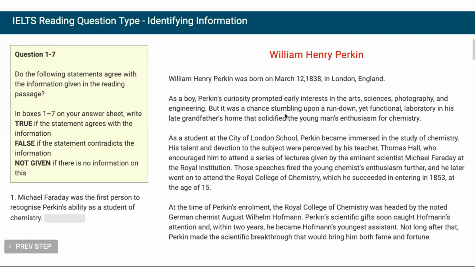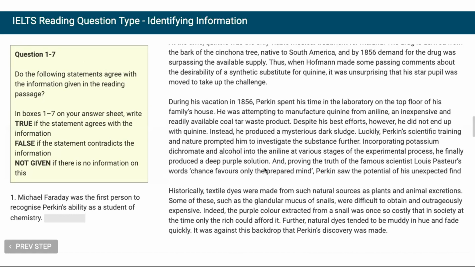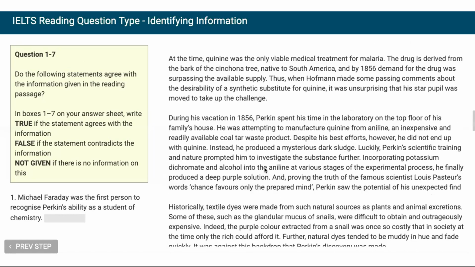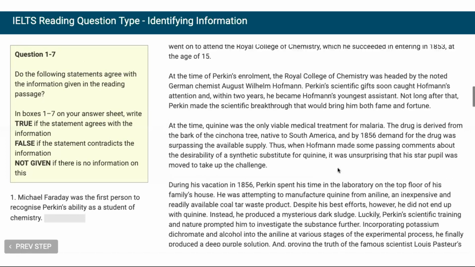So first off, I would just like to talk about what this question type is about and what it's expecting its test takers to do. First off, this question type is going to test your ability to identify specific information and recognize particular points in the passage. So it's very important that you're only answering your questions based on this knowledge that's in the passage.